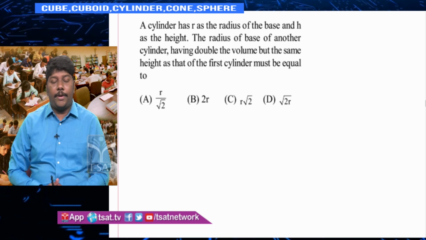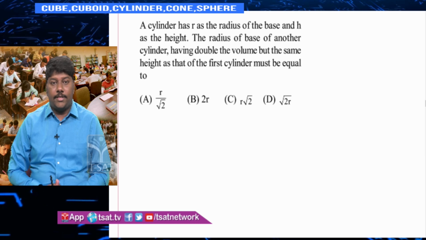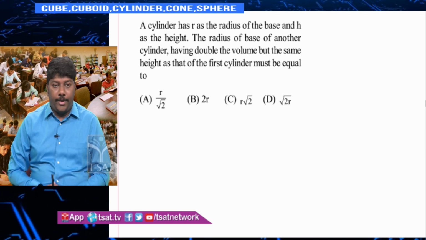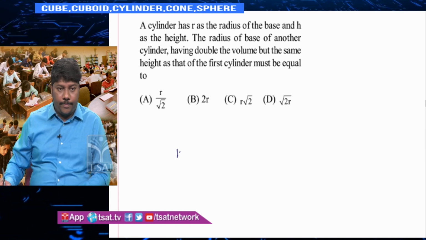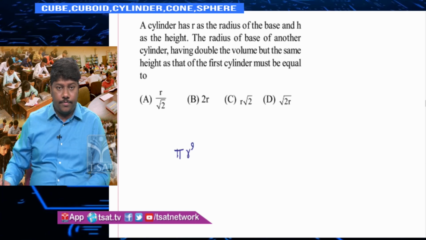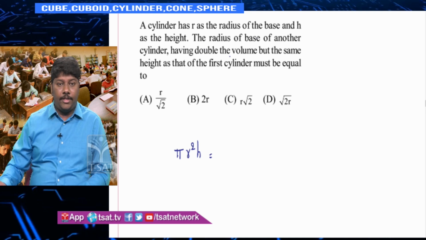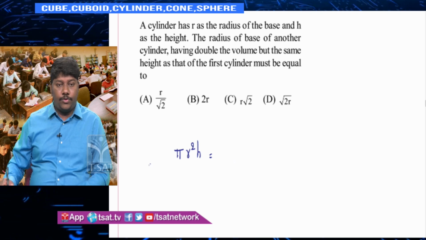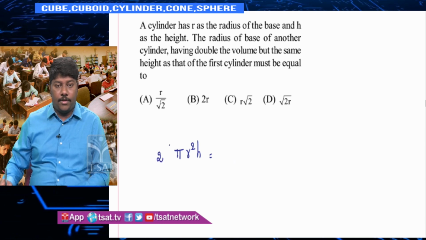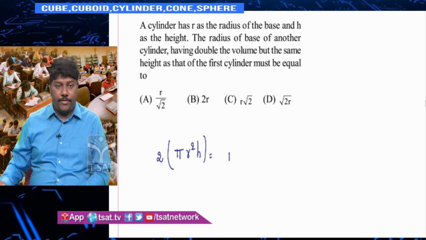So he is comparing two cylinders here. A cylinder has r as the radius of the base and height as h. The volume is pi r square h. The radius of the base of another cylinder having double the volume. Now volume of the second one is 2 times the volume of the first. Double the volume of the first one is equal to the volume of the second one.